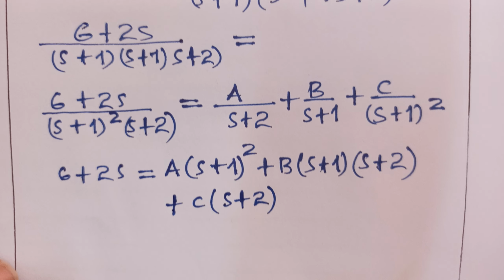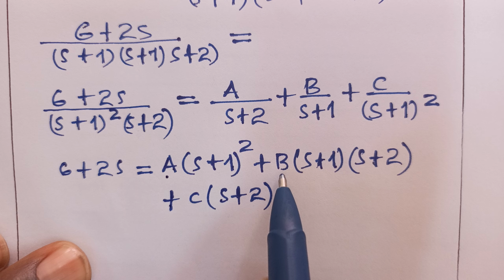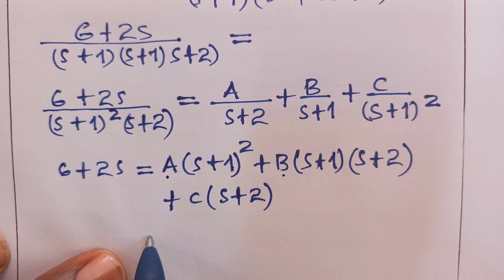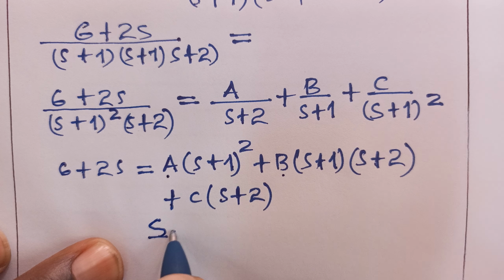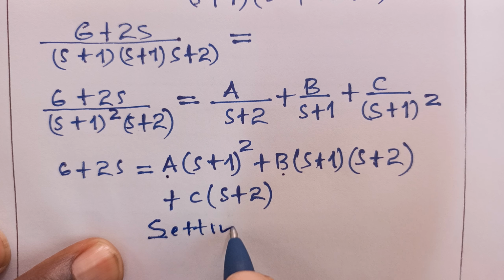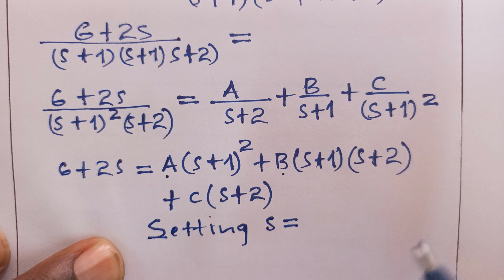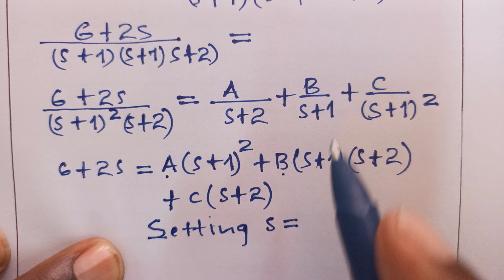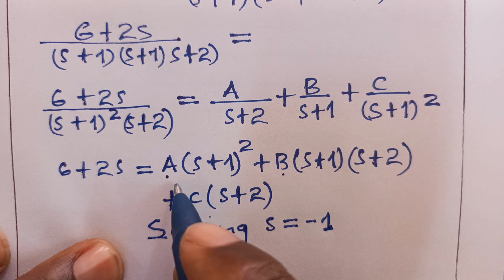And so therefore, guys, now we look for the constants, the unknowns. If we want to eliminate this and that, we can set s equals to -1, because this comes to 0, this comes to 0.